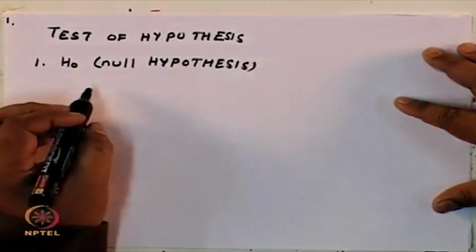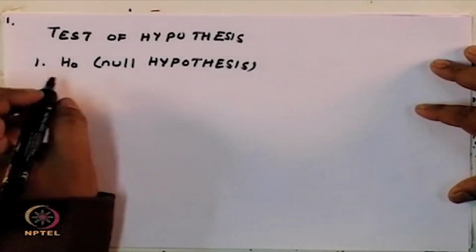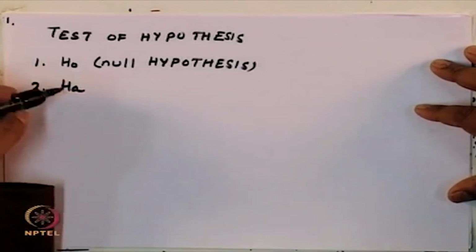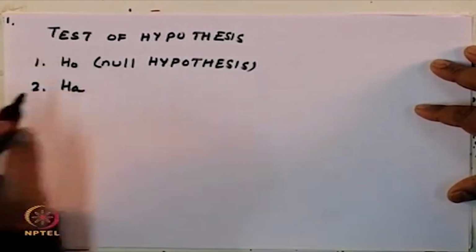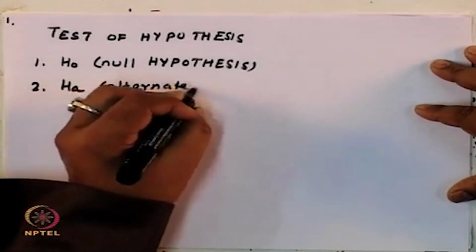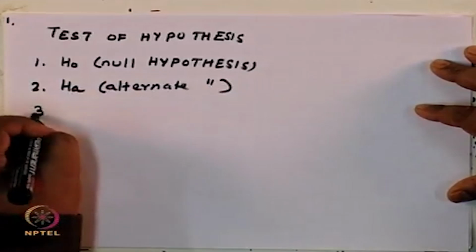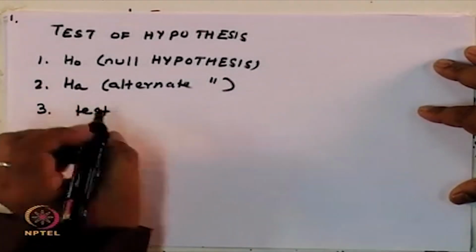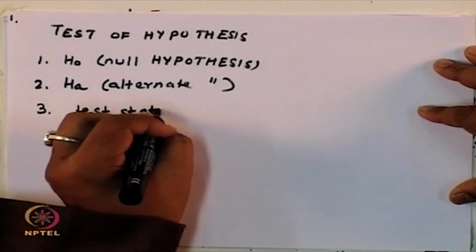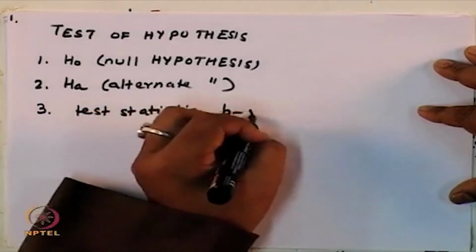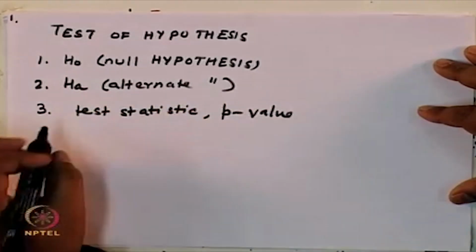Your null hypothesis, say H naught, is true. You have the alternate hypothesis, which contradicts H naught. This is called the alternate hypothesis. You base your calculation by calculating the test statistic and something called the p value, which we will come to today.